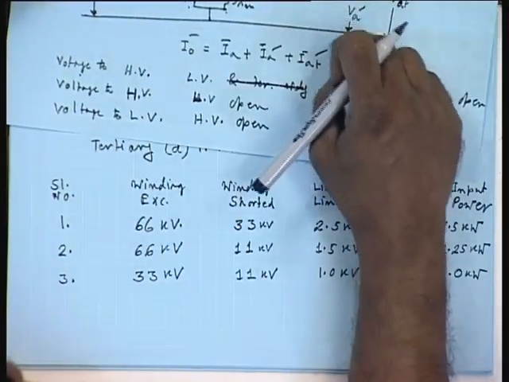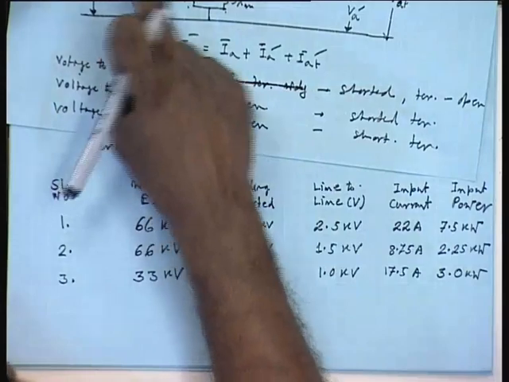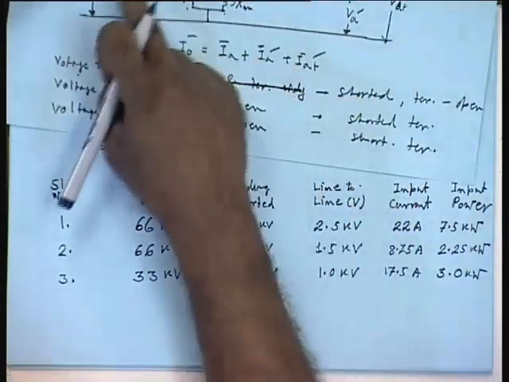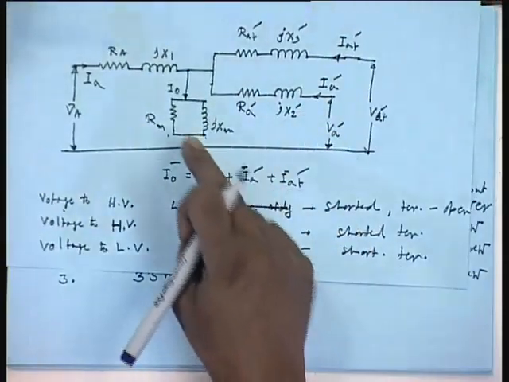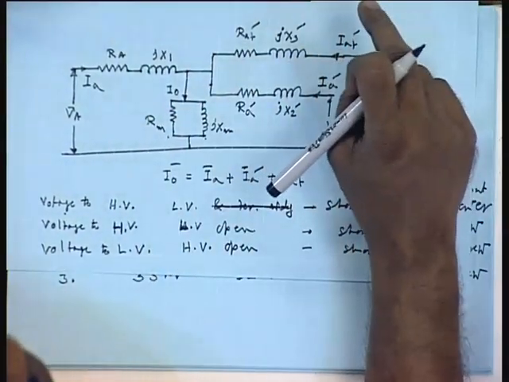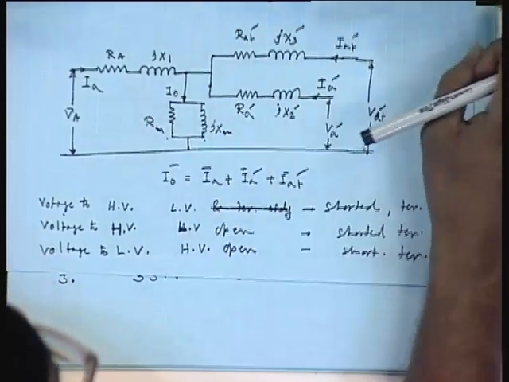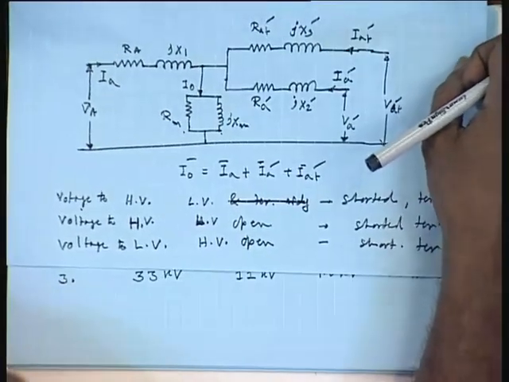With one of the windings open, these two currents are almost the same in magnitude, because this winding is open and the no load current we are assuming to be negligible.